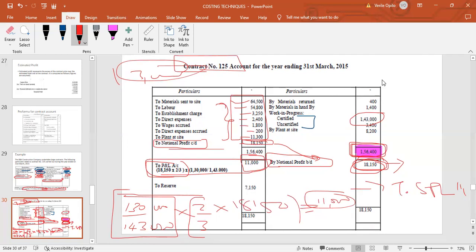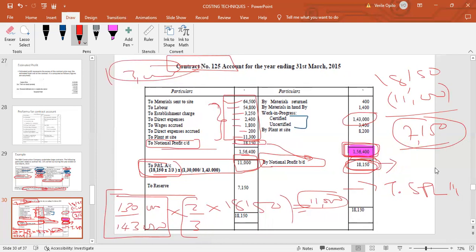You see the total profit that was made with regard to this contract, this period, was an amount of 18,150, and we have transferred 11,000, meaning that there's 7,150 remaining. This is going to be transferred to the company's reserve.